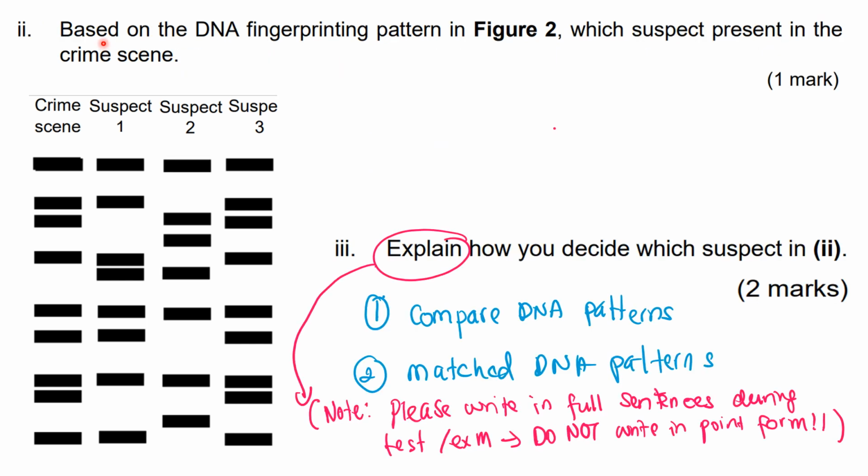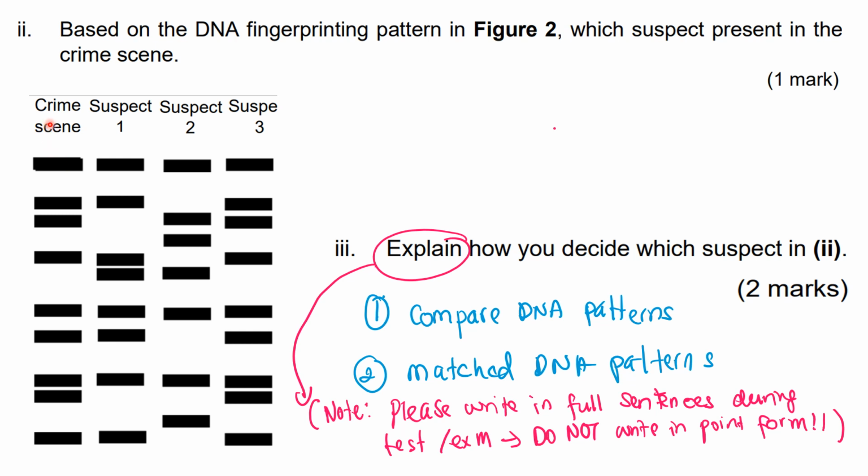Based on the DNA fingerprinting pattern in Figure 2, which suspect was present at the crime scene? In order to identify the suspect that was present during the crime, you have to compare the patterns of the DNA bands.